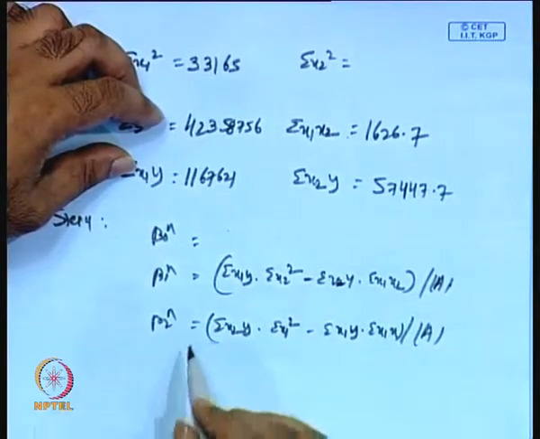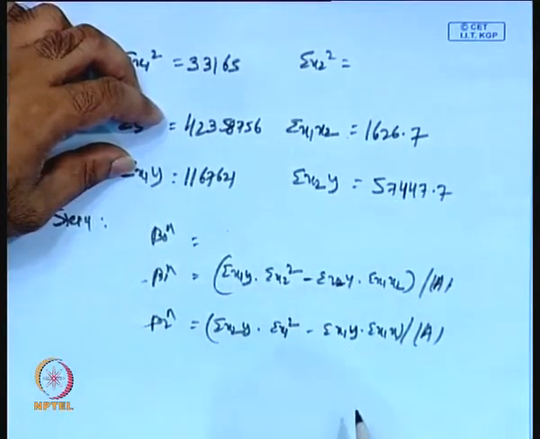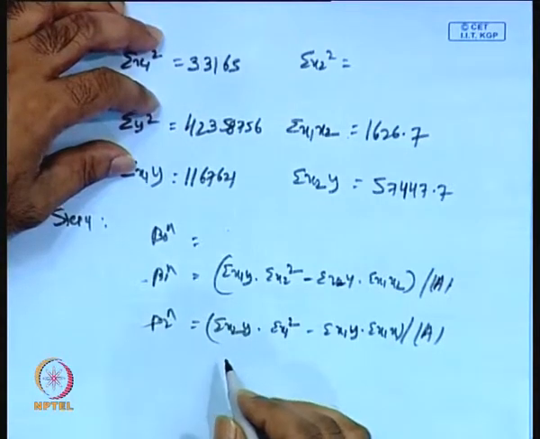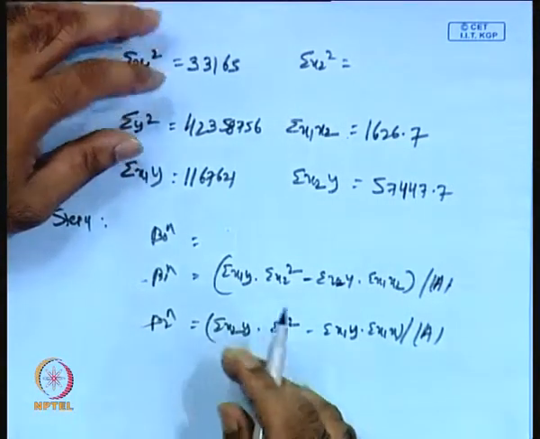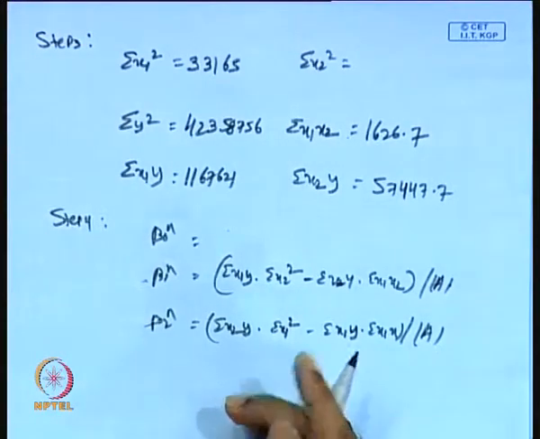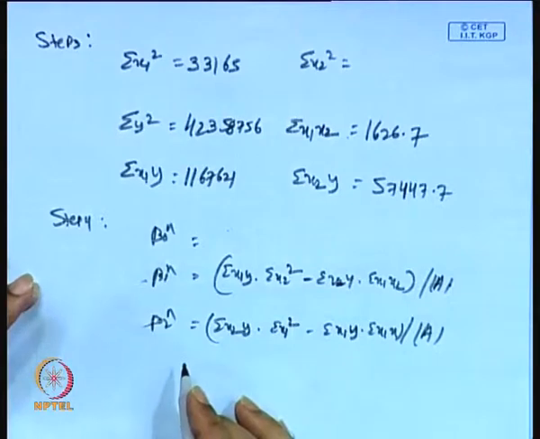Once you get these values, you put them in beta 0 hat, by the calculations we have received. So, we can directly move to step 4.